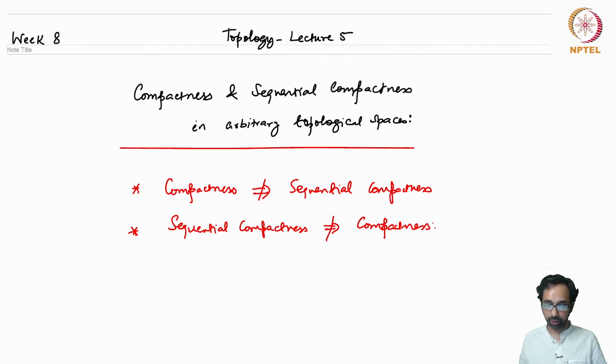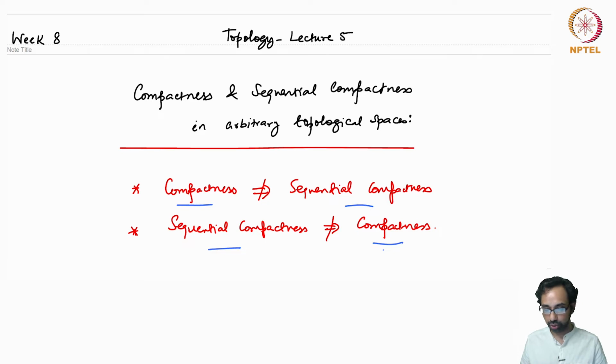And to prove these two, we will give examples of both cases. So we will show first of all that there exists a compact set which is not sequentially compact, and for the second one we will show that there exists a sequentially compact space which is not compact.